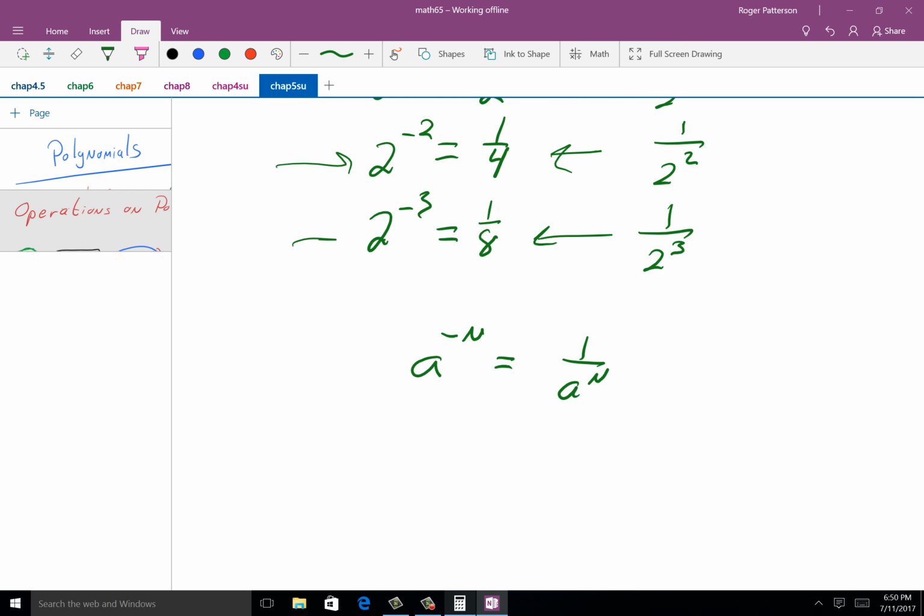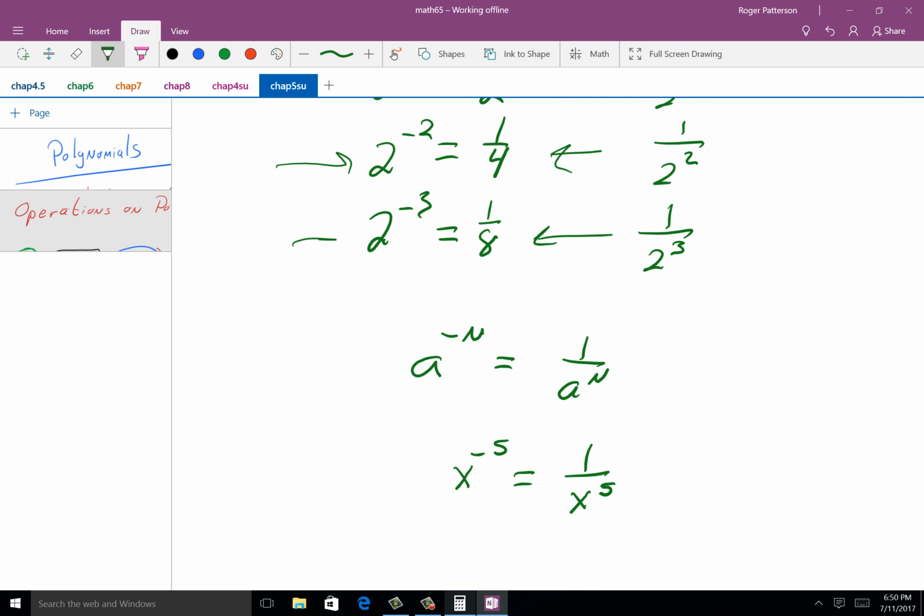So if we have x to the negative 5, that's going to be 1/x to the 5. The negative just moves this down here. Nothing becomes negative, and once you move it, the exponent goes to positive. A lot of people get confused.